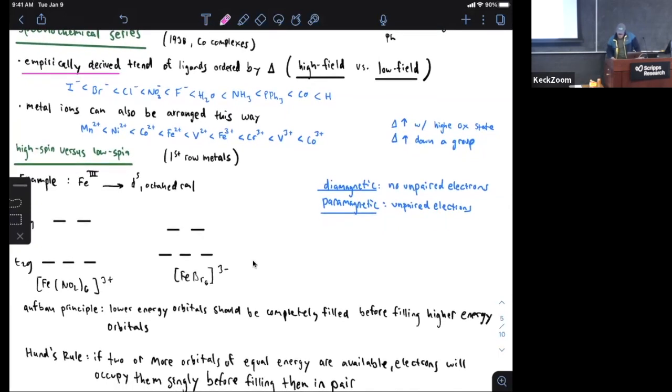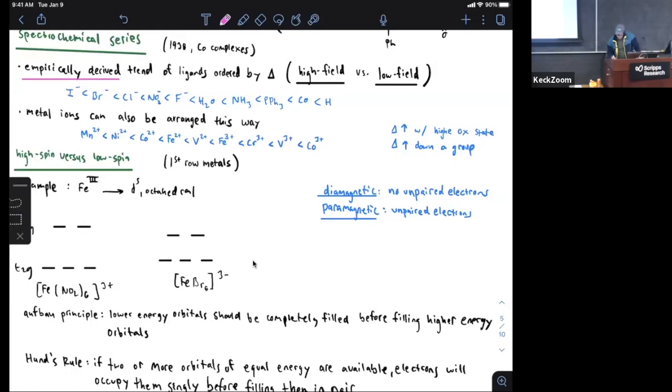The spectrochemical series is all about ordering complexes with respect to delta, delta being the orbital splitting energies. The orbital splitting energy helps us anticipate, and then back-rationalize, whether a given organometallic complex may be high field or low field.